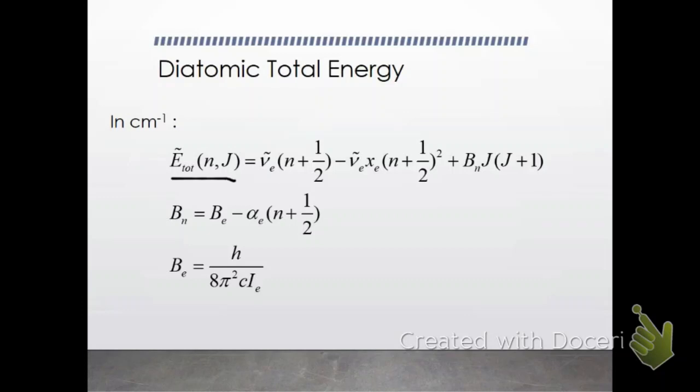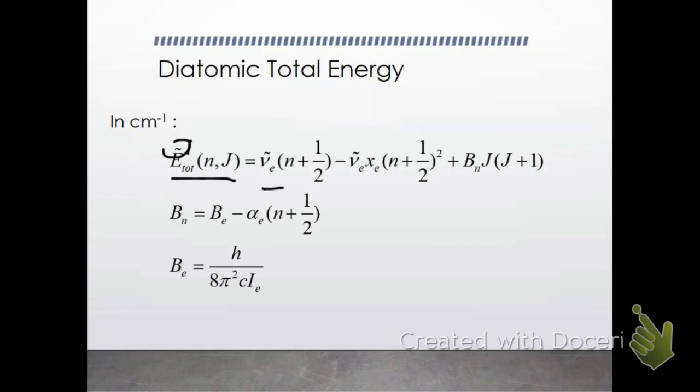n, again, of course, represents the vibrational quantum number, and J represents our rotational quantum number in this situation. So in this expression, and again, all of these are in terms of wavenumbers represented by, of course, the little squiggly line on top here, so we are talking wavenumbers and not joules in this discussion.